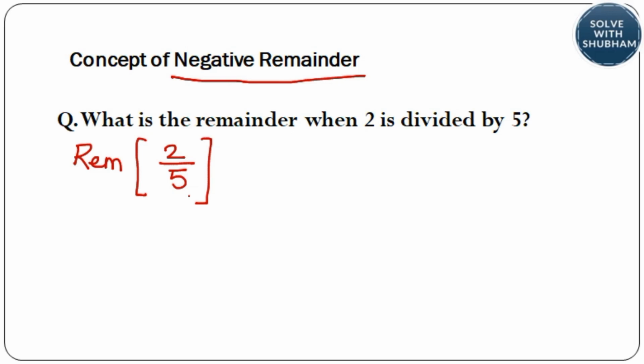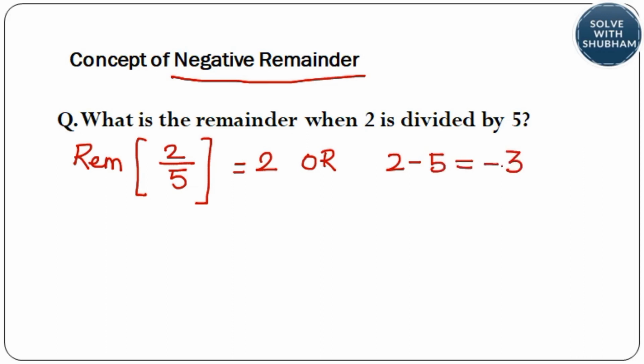The number or the dividend 2 is smaller than the divisor 5. In that case, you cannot divide 2 by 5. So your remainder would be 2. Or you can say your remainder is minus 3.